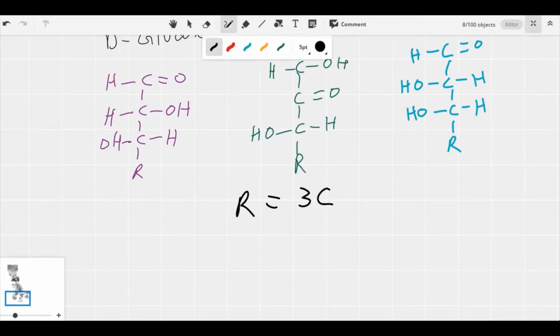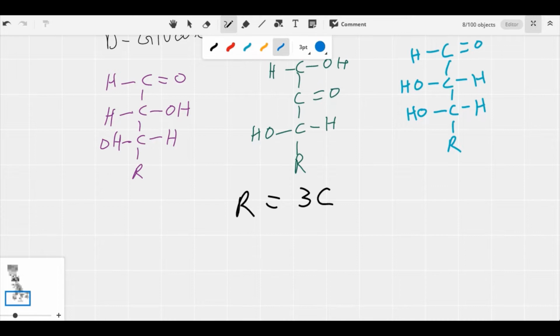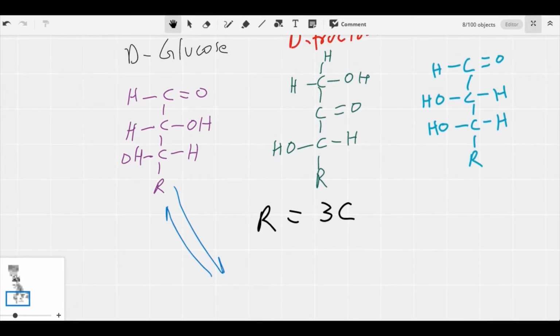Now let me show you how the enediol formation takes place by the process of tautomerization. In the first case, there is the shifting of hydrogen to the next carbon.